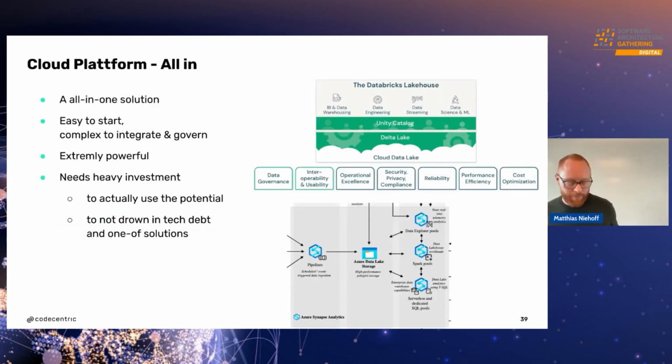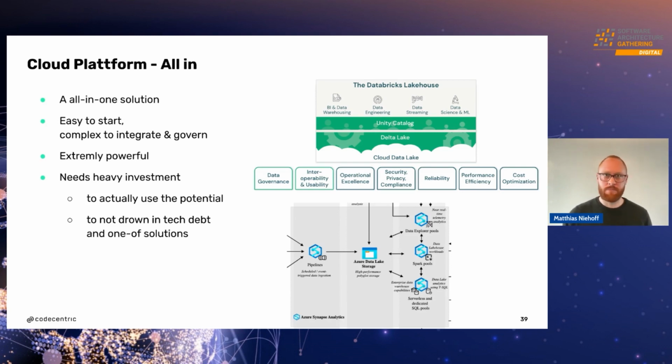The cloud platform itself, so that would be another solution, is the all-in part. Now I have the Databricks cloud platform in the upper right corner, or Azure Synapse in the lower right corner. You get everything. So you can build everything, you can do everything. You can also do it with some AWS or Google solution. And especially with Databricks, and I know this from several projects, it's really easy to start.